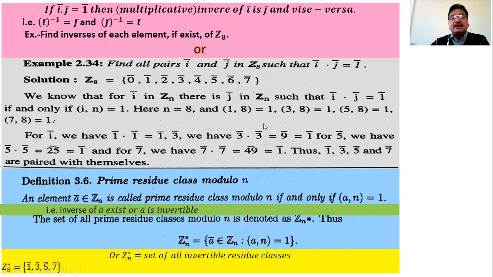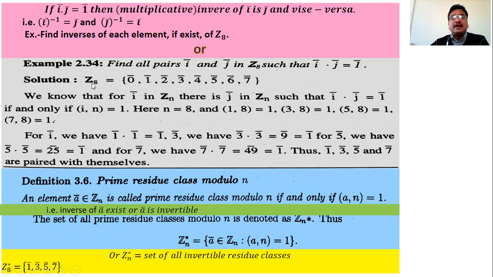3 and 8 have greatest common divisor 1, and therefore the inverse of 3 bar exists. Then 4 and 8 have greatest common divisor 4, which is not equal to 1, and therefore the inverse of 4 bar does not exist. Similarly 5 and 8 have greatest common divisor 1, and therefore 5 bar inverse exists. In this way 6 and 8 have greatest common divisor 2, not equal to 1, so 6 bar inverse does not exist.